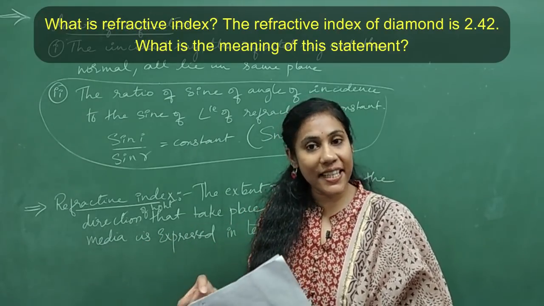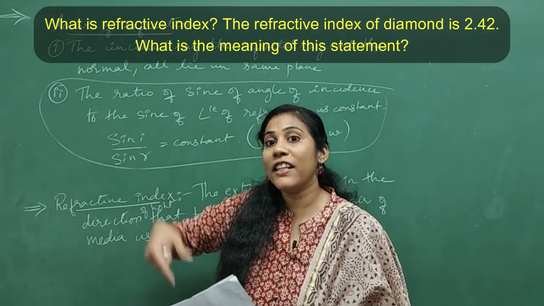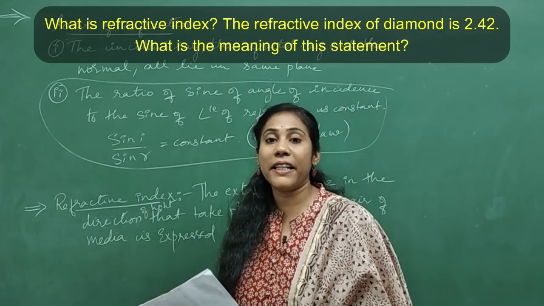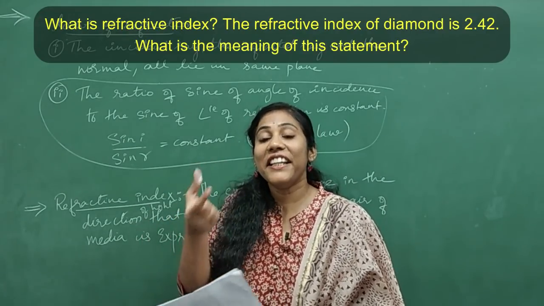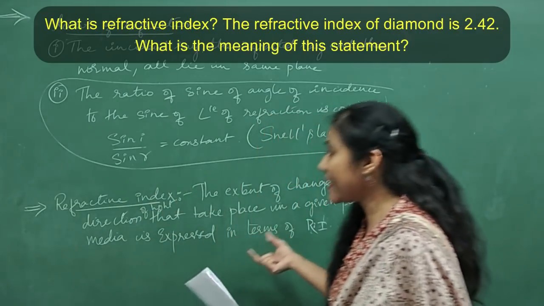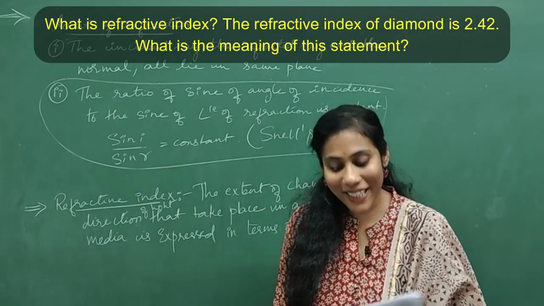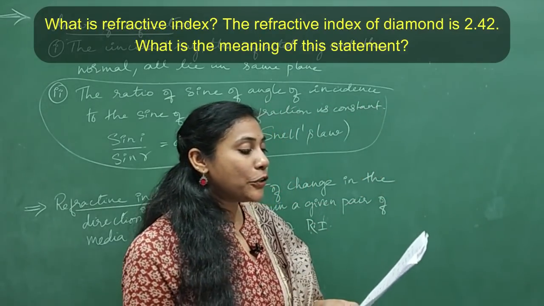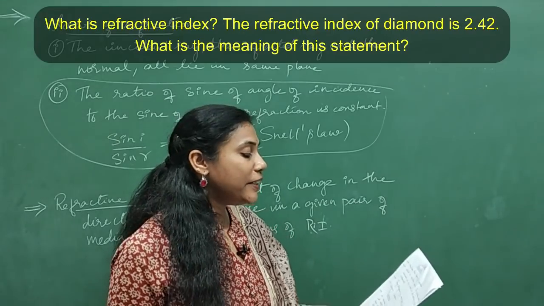To how much extent the speed of light is changing when it is traveling from one medium to another medium. So that extent of changing the speed of light in 2 different media is expressed with the help of refractive index, right? Okay.